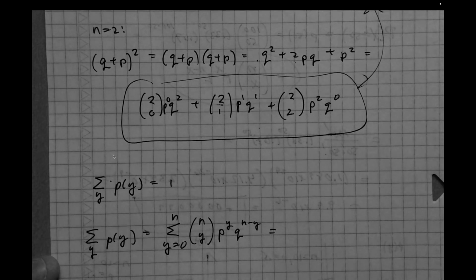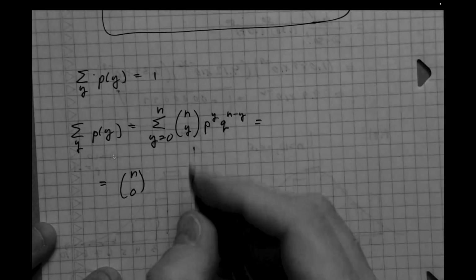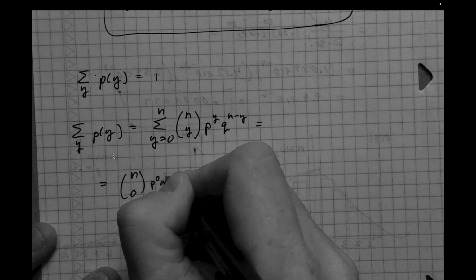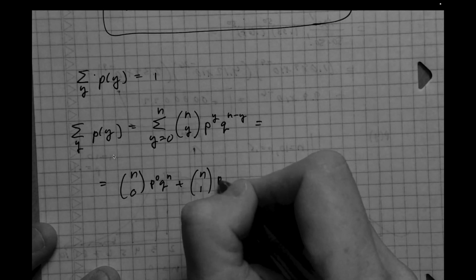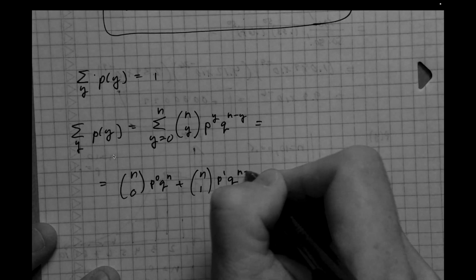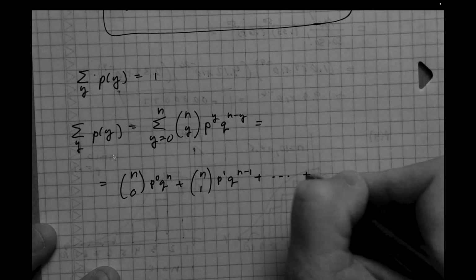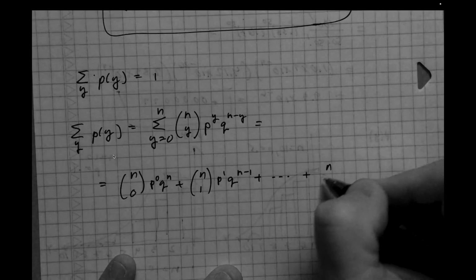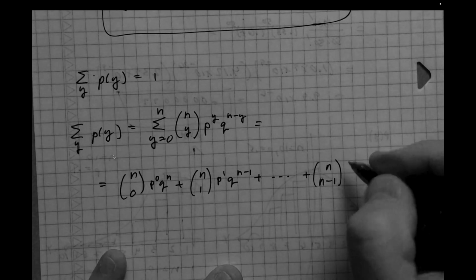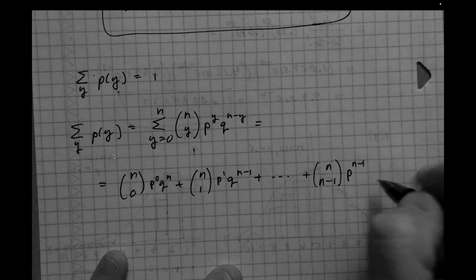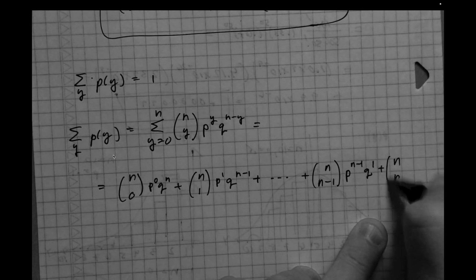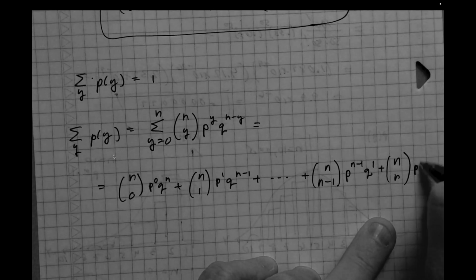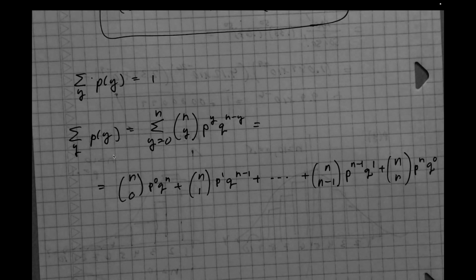Now what is that? Let's write that out. That's n choose 0, p to the 0, q to the n, plus n choose 1, p to the 1, q to the n minus 1, plus so on, all the way down to n choose n minus 1, p to the n minus 1, q to the 1, plus, and the last one, of course, is n choose n, p to the n, q to the 0.